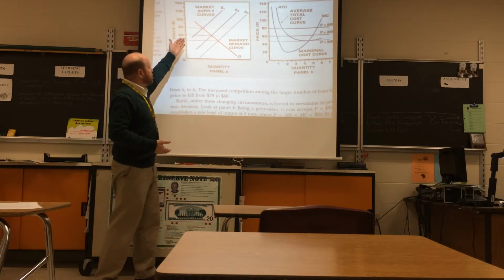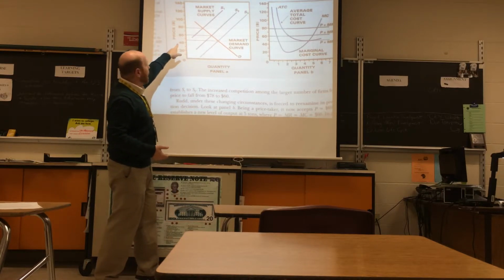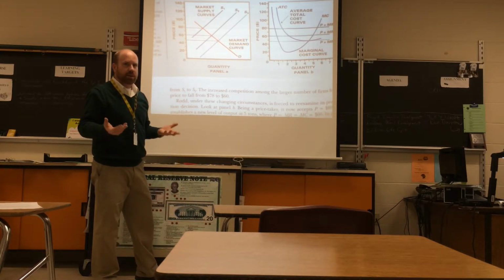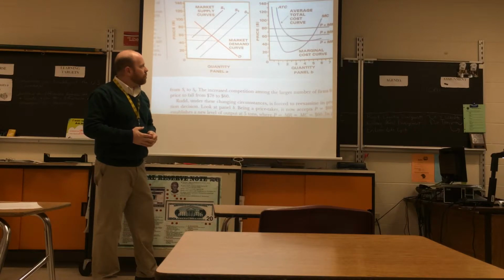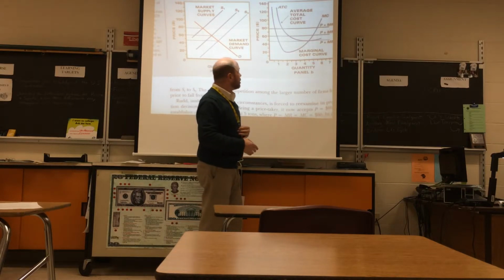And we know that when you shift your supply curve to the right, our equilibrium will shift down to here, and look at what happens to the equilibrium price. It falls. And then for the firm here in panel B, your situation is going to change.